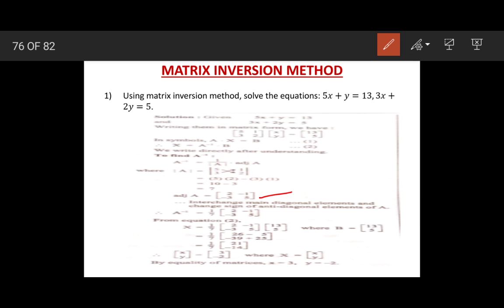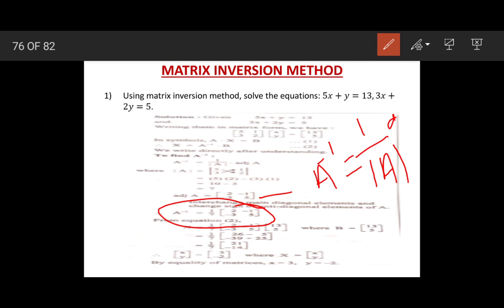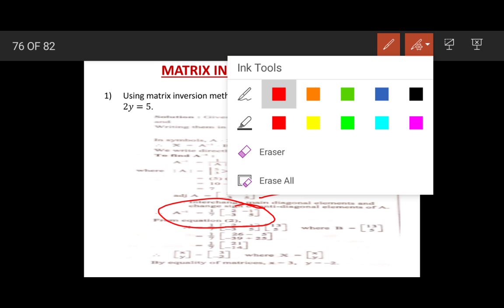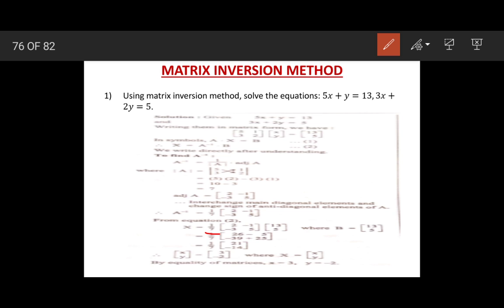After finding the adjoint of matrix A, next is A inverse. The formula is A inverse is equal to 1 upon determinant of A into adjoint of A, right? The determinant of A is 7, and the adjoint of A we had already found: 2, -1, -3, 5.